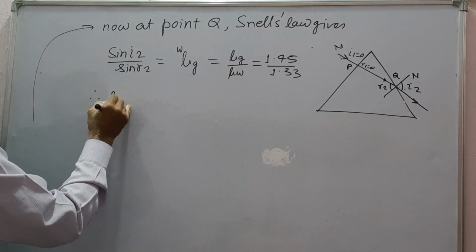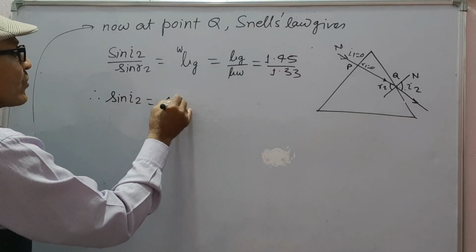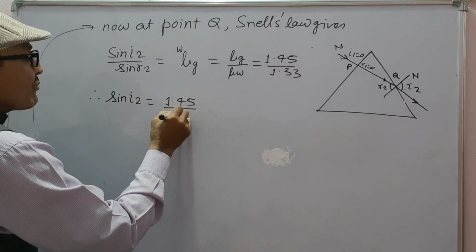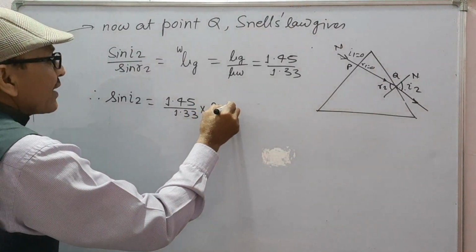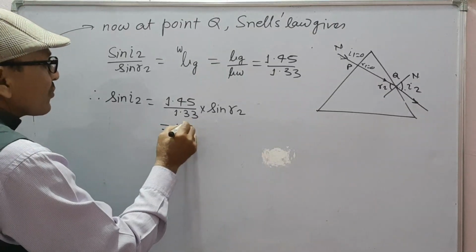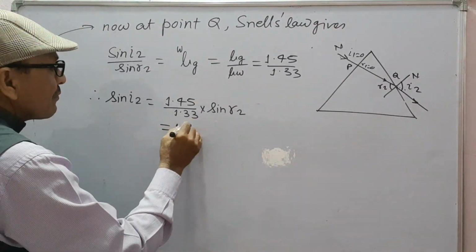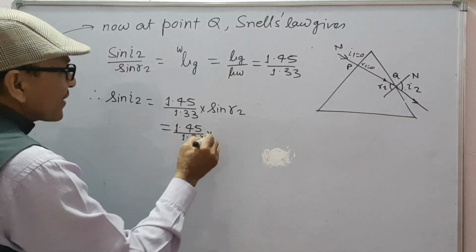Therefore, sin I2 will be equal to 1.45 upon 1.33 into sin R2.